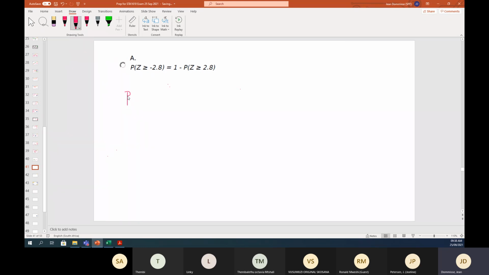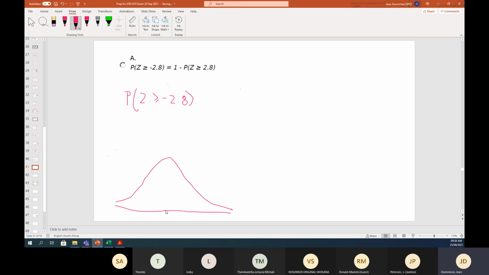Okay, so probability Z bigger or equal to minus 2.8. Let me first show that again on the graph.